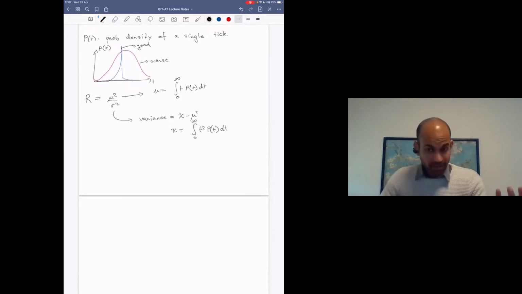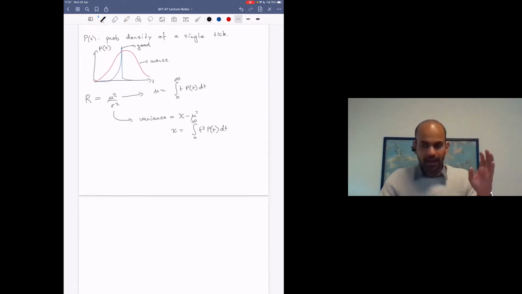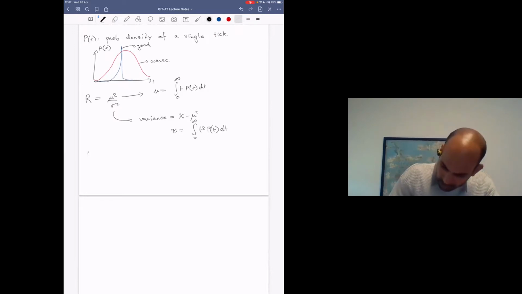Okay, why is this an appropriate measure of the precision of a clock? And the reason is the following. So imagine that I take a clock and I assume it's a reset clock. So assume reset clock and look at P1 of t, P2 of t, and so on.